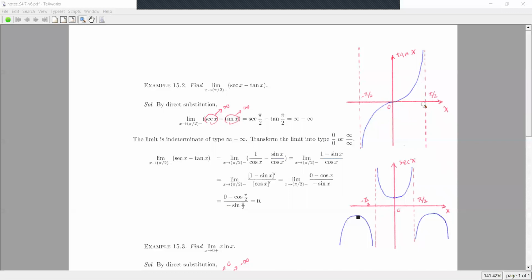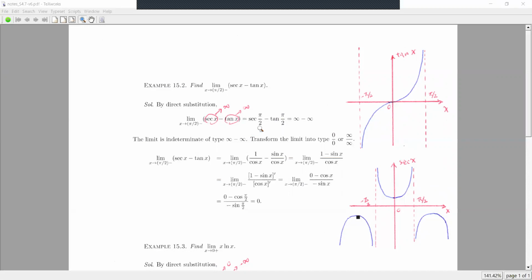The graph of tangent is here. When x approaches pi over 2 from the left side, we can see that tangent approaches positive infinity. So this number is positive infinity.